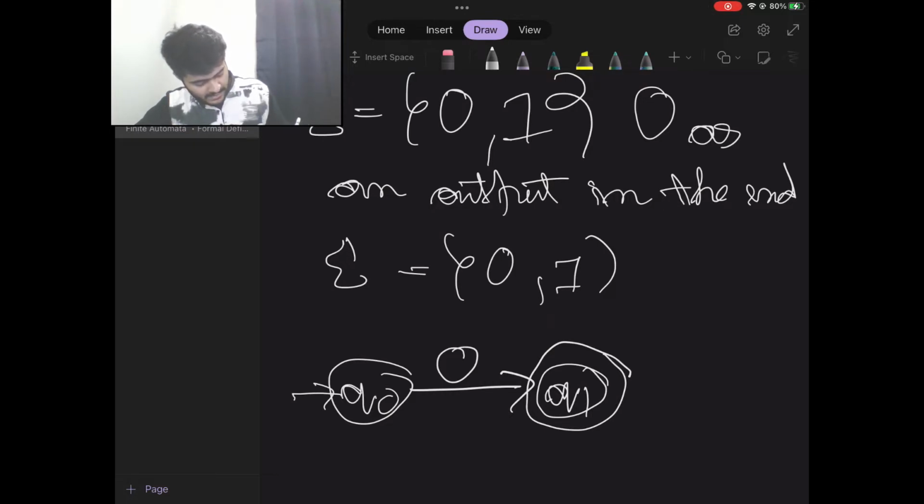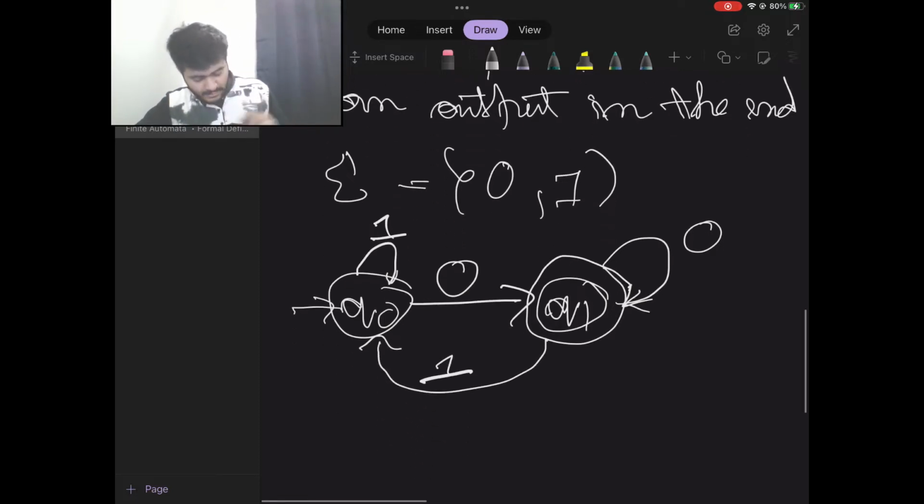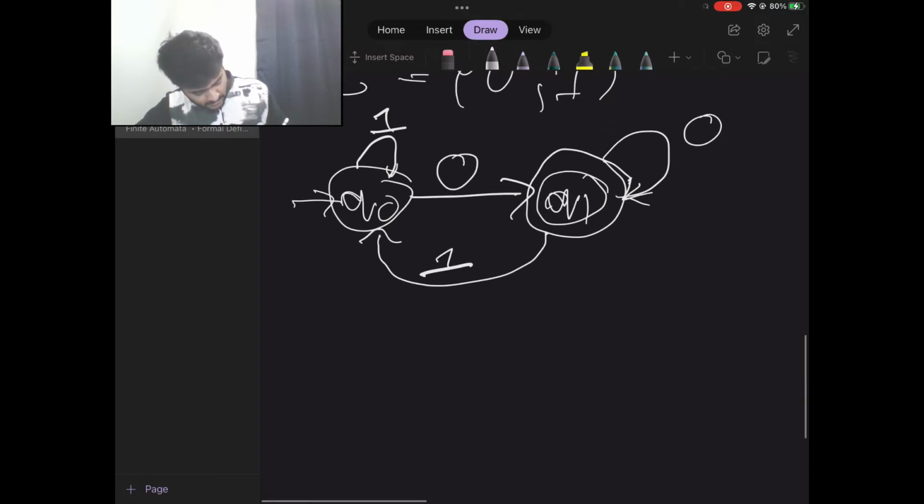Q1 will be our final state. Now we can start with anything, 0 or 1. But in the end we want 0, so we can take a self loop of 0 on Q1. We don't need 1 there, so we'll put a loop back to Q naught, our initial state. This way we can define the DFA.